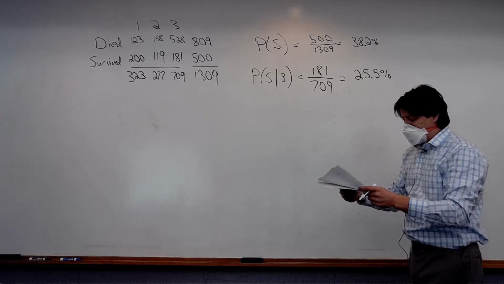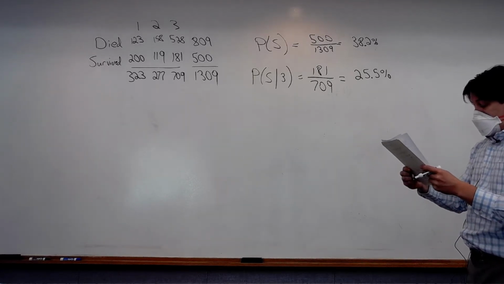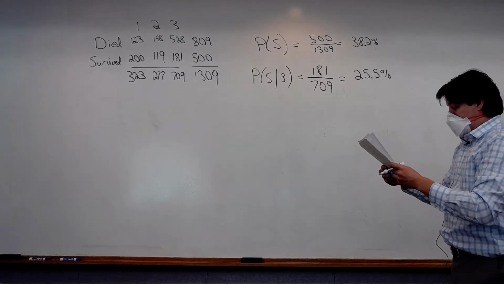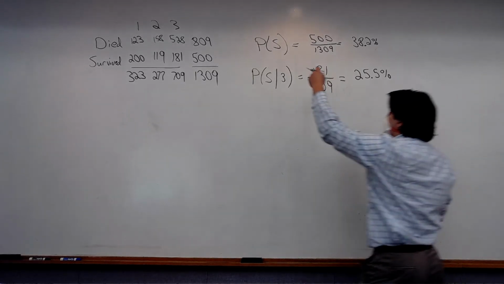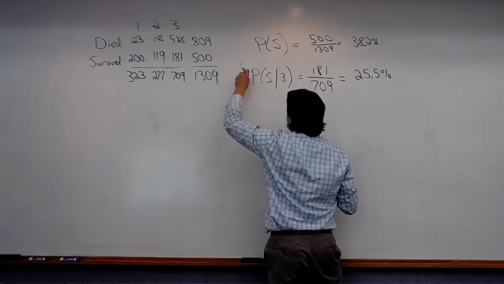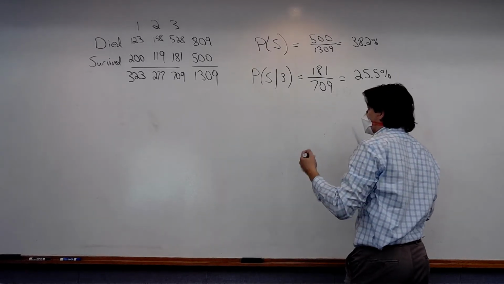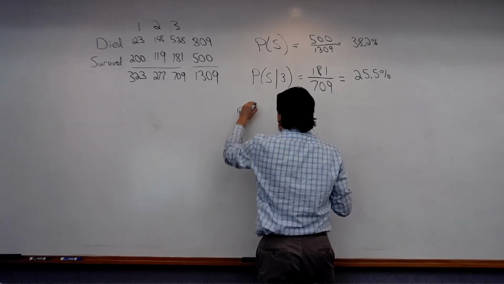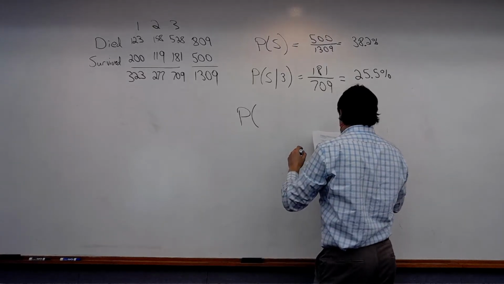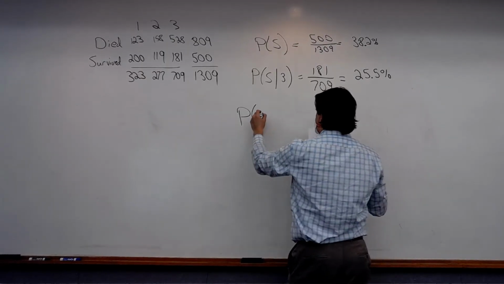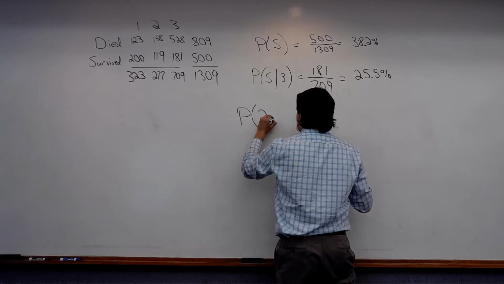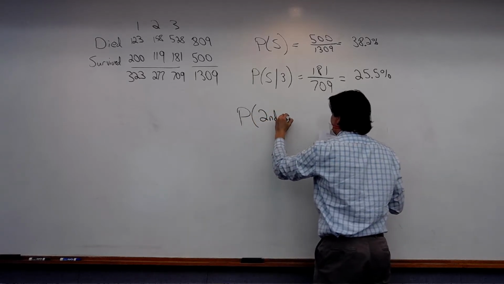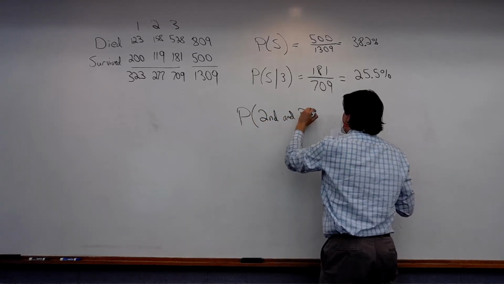Okay, other things we can pull from this. We can do general probability, and we can do a conditional probability. We can also ask, what is the probability of, let's say, second class? So what's the probability we found somebody that was second class and died?